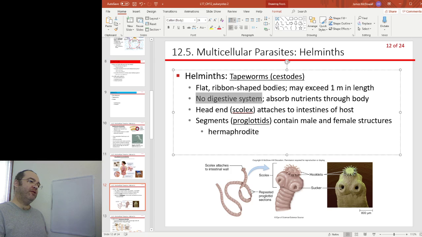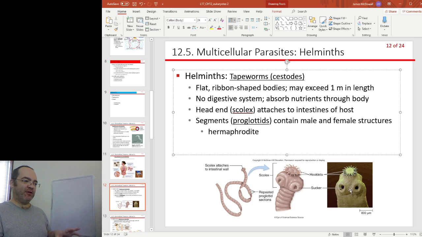These are worms that do not have a digestive system at all. All they do is absorb nutrients through their body. So they have this head end called a scolex. The scolex has hooks and suckers. Now, these aren't mouths or anything like that.